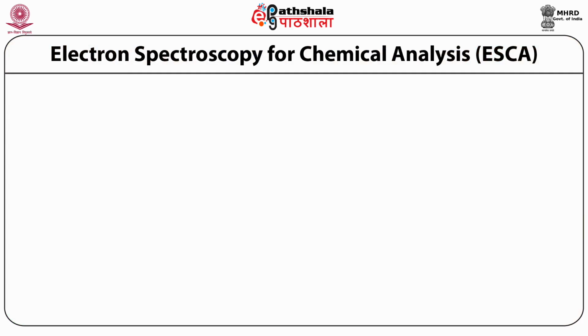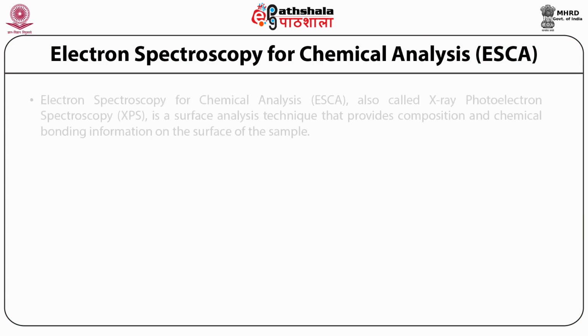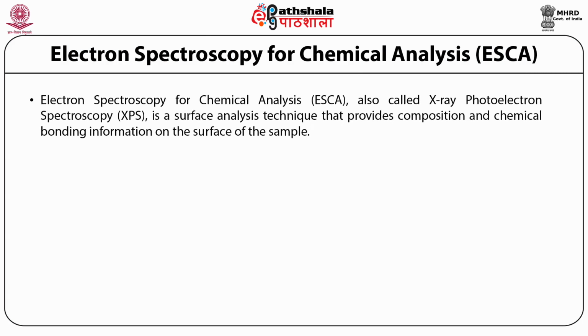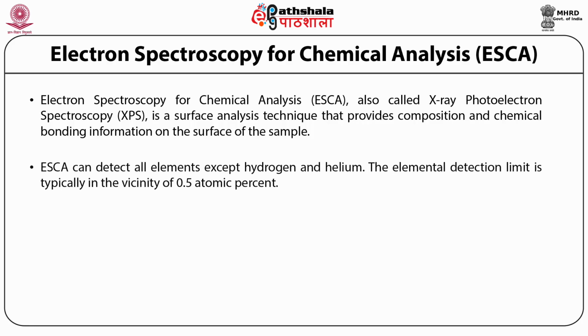Electron spectroscopy for chemical analysis, also called X-ray photoelectron spectroscopy (XPS), is a surface analysis technique that provides composition and chemical bonding information on the surface of the sample. ESCA can detect all elements except hydrogen and helium.